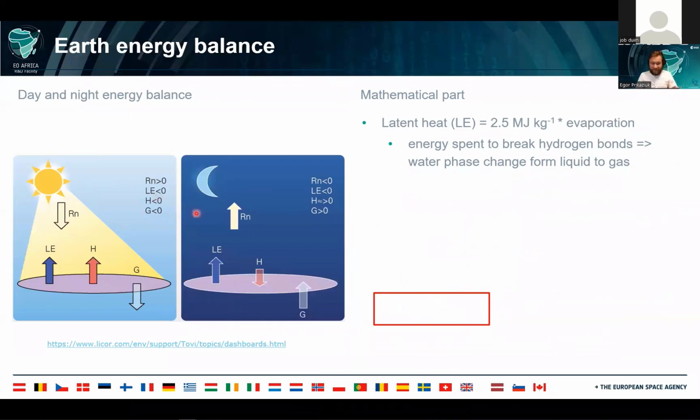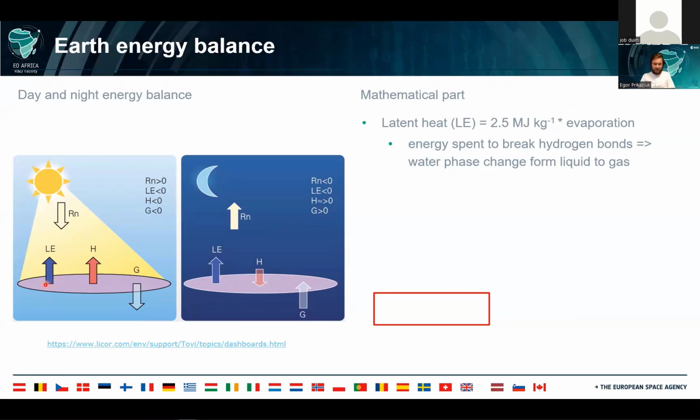We will see day and night flux. In the day, the sun is shining, the energy comes to the Earth, and then it changes its forms in the way that we can see, because the surface gets warmer and the surface warms up the air. That is called sensible heat flux, because we can sense it, we can feel it.